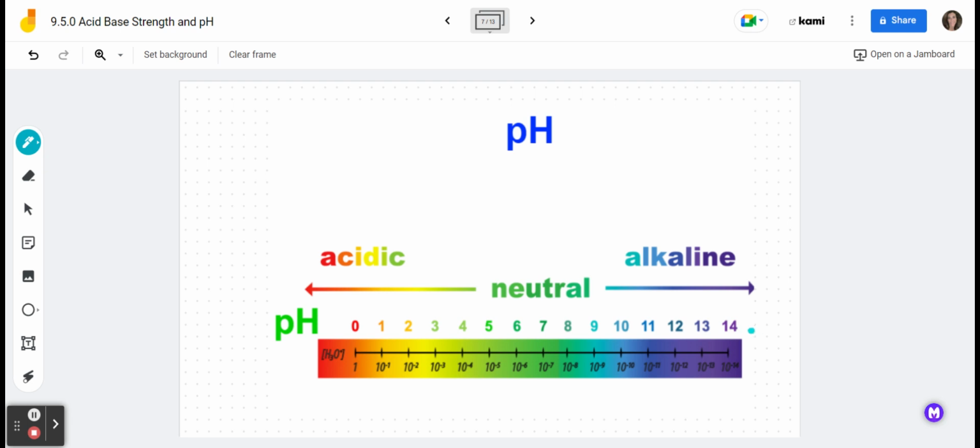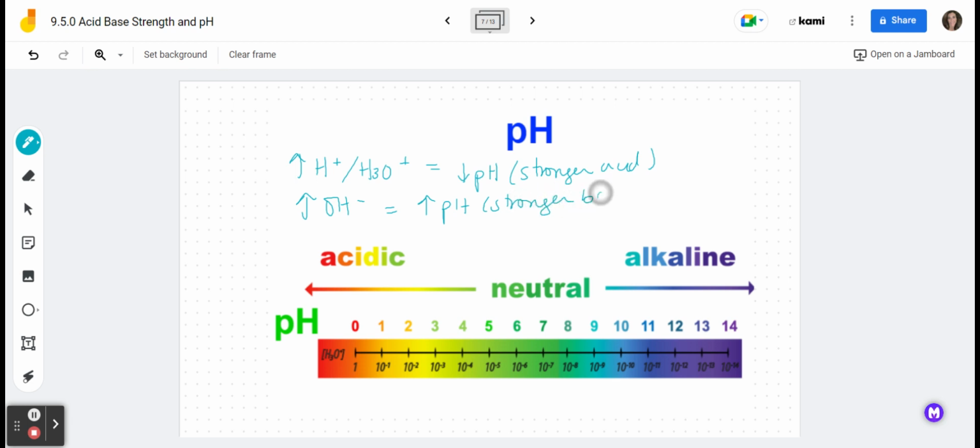So the more H pluses we have, or hydroniums, because we could use those interchangeably, that's going to be lower pH, which is a stronger acid. And then the more OH minuses I have, the higher the pH. So it's going to get to be a stronger base.